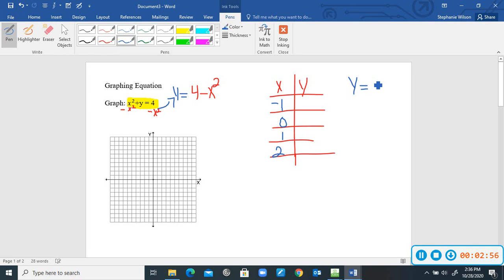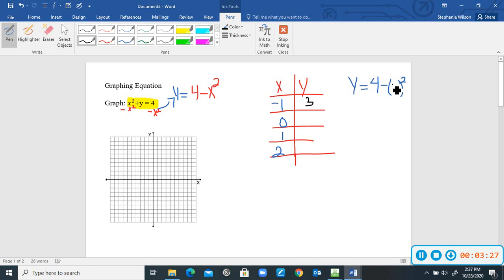And I'm going to give myself enough room. Alright. If I plug in -1 right here, -1 squared is just 1, right? And then bring down the 4 minus 1, which gives me what? 3. Alright, so now let's solve for the next one. So let's grab the 0.